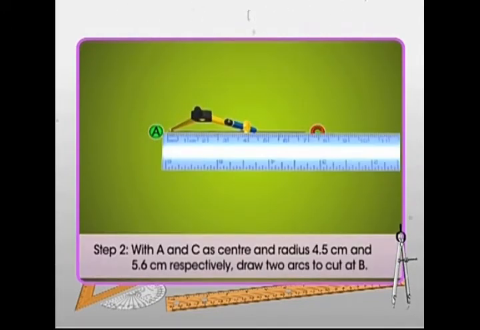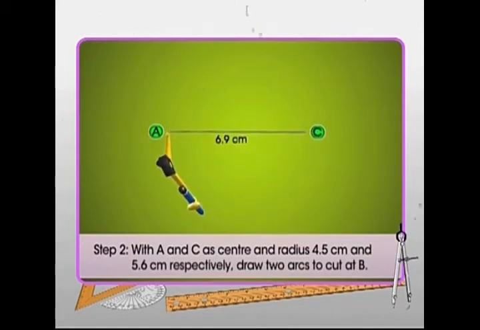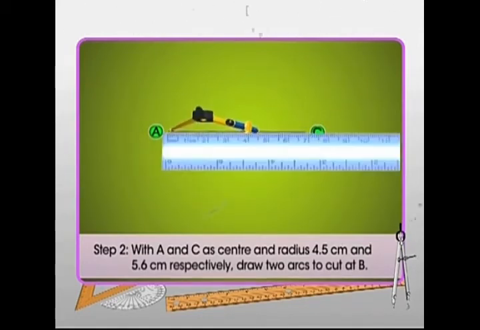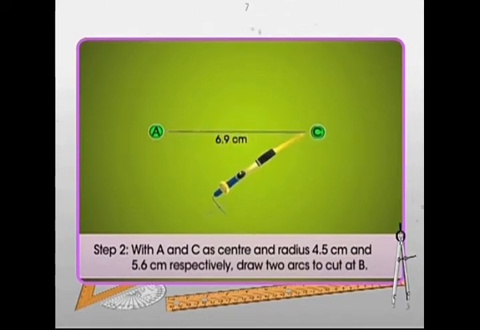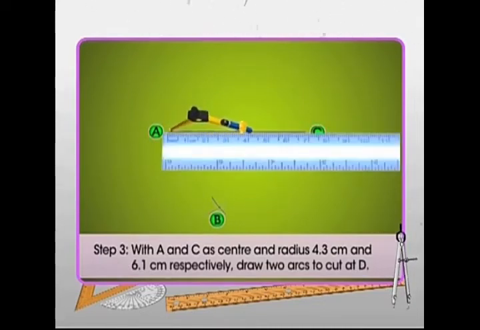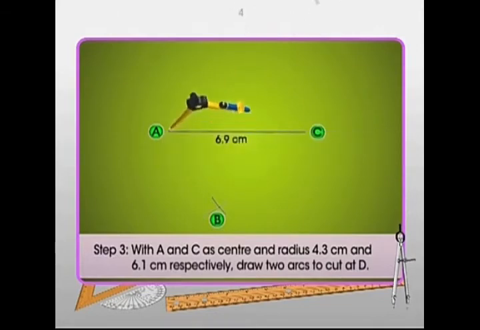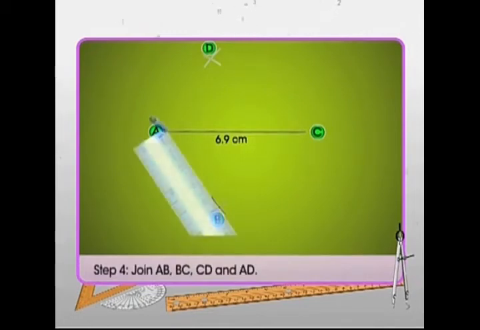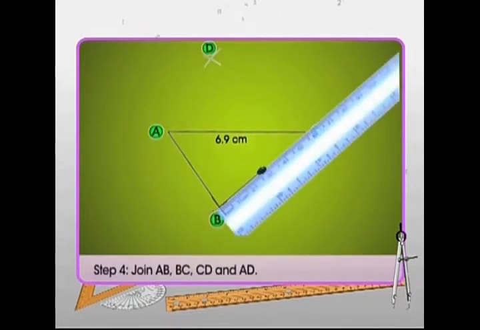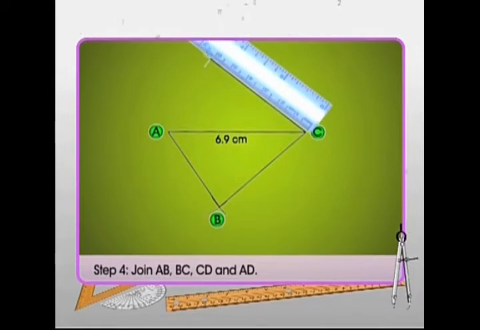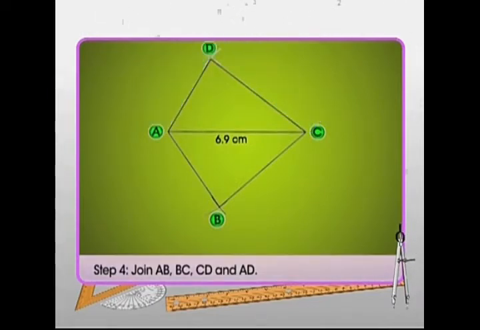With A and C as center and radius 4.5 centimeters and 5.6 centimeters respectively, draw two arcs to cut at B. Now, taking A and C as center and radius 4.3 centimeters and 6.1 centimeters respectively, draw two arcs to cut at D. Lastly, join AB, BC, CD and AD. Thus we get the required quadrilateral ABCD.